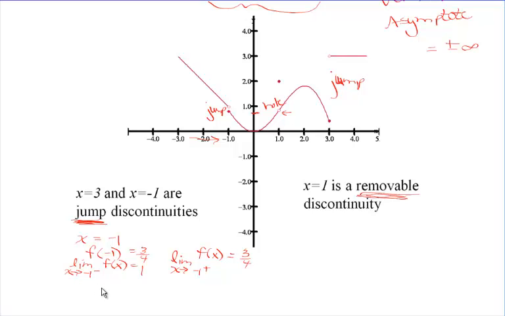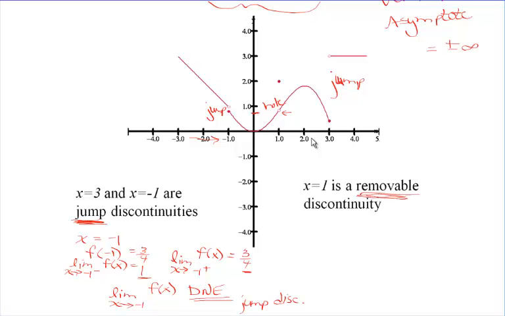So first of all, the overall limit as x approaches negative 1 for our function doesn't exist. That's the first thing we're going to look for. When that limit doesn't exist, that means we have a jump discontinuity. This tells us that our outputs take a jump on either side of that input value.